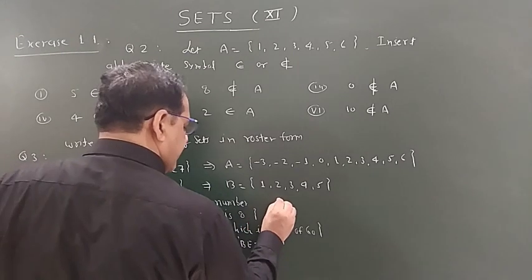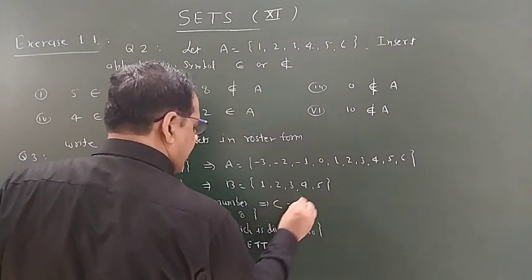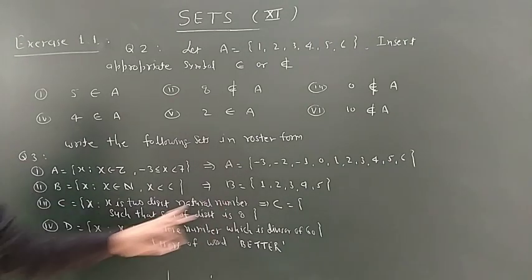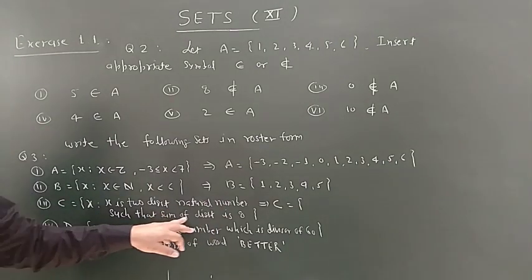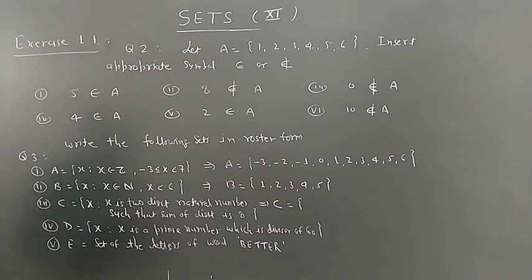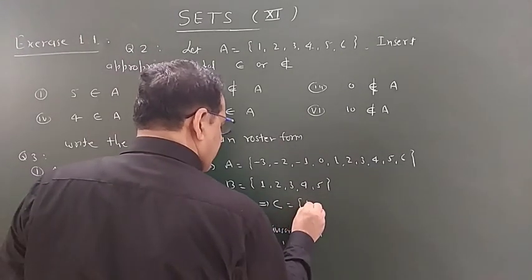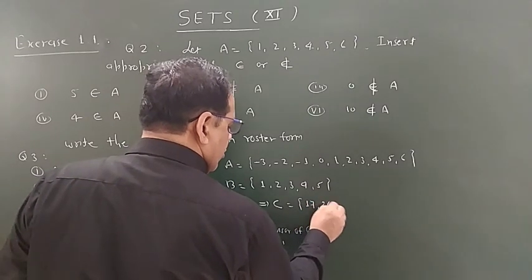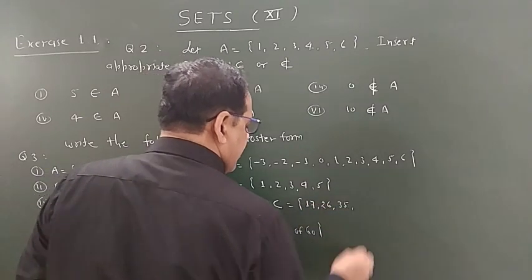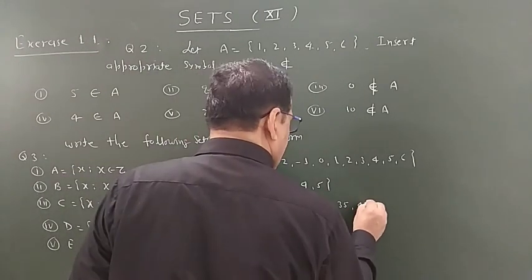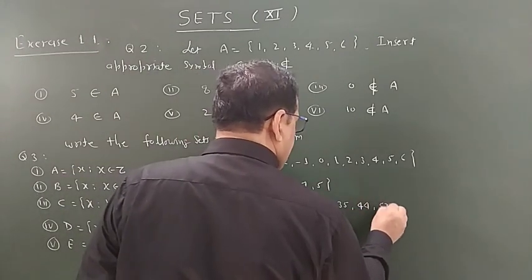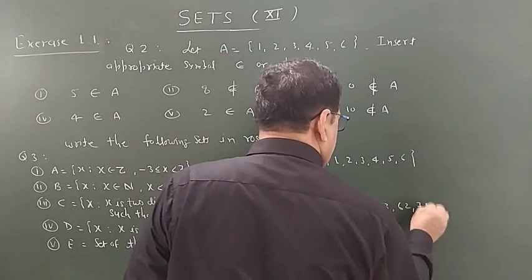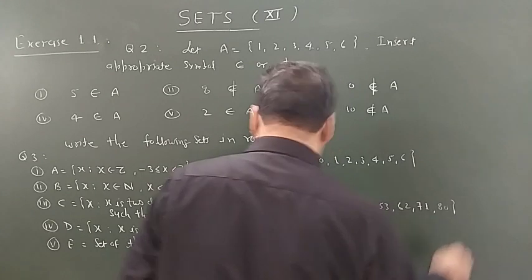The part C here. The question is saying that X, where X is a 2-digit natural number such that the sum of digits is 8. So we start with 17, next 26, next 35, next 44, next 53, next 62, next 71 and finally 80.